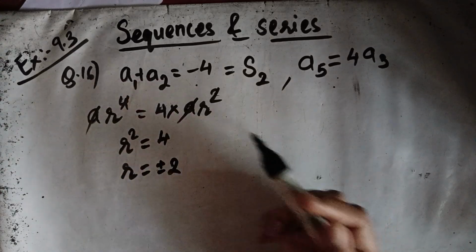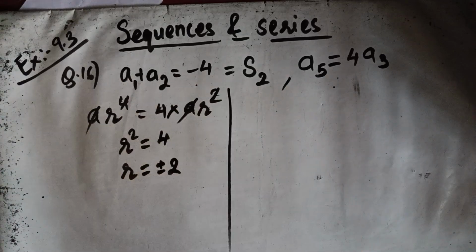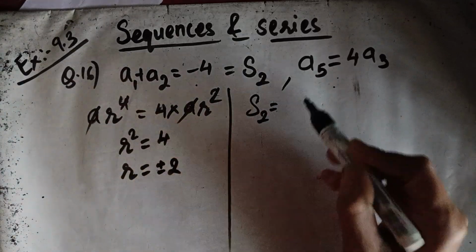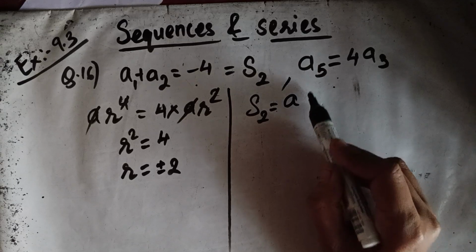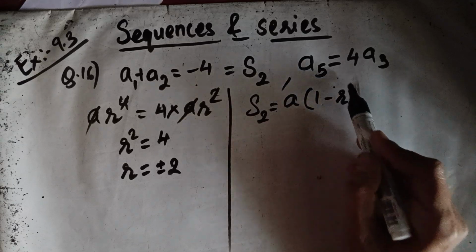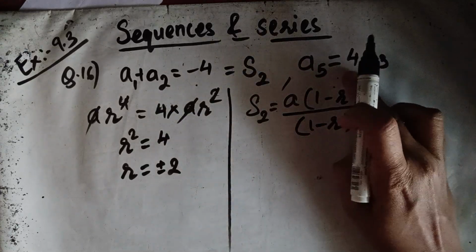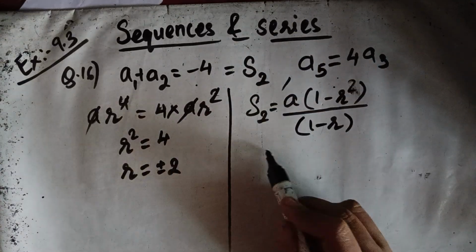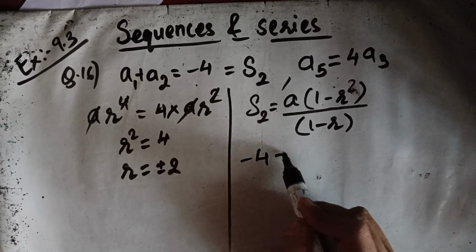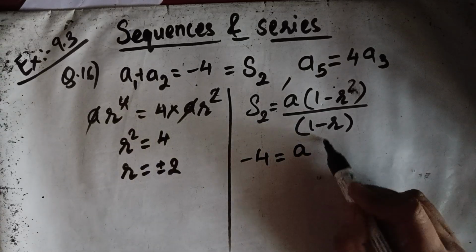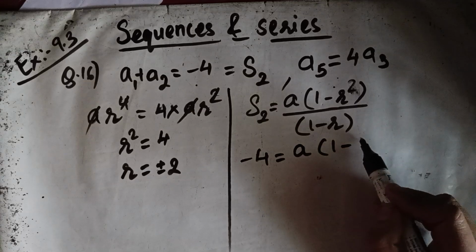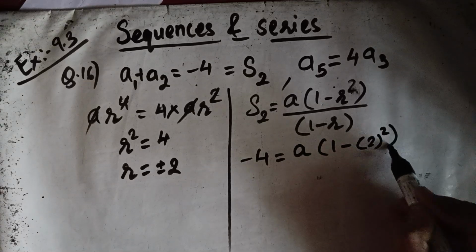Okay, so S2 is given by a times 1 minus r raised to n upon 1 minus r. n is 2. S2 is -4. a we don't know. r square is 2 square.